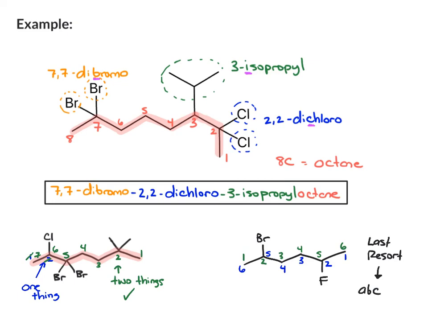And in this case, we compare the B in bromo versus the F in fluoro. The B wins. So we use the numbering scheme in green as the correct scheme. But only use alphabetical as your very last resort if you can't break it from anything else.